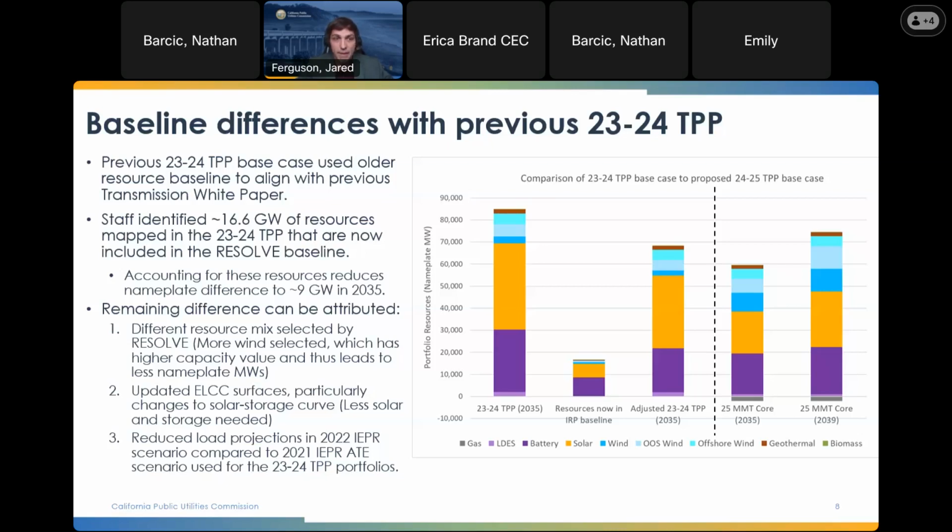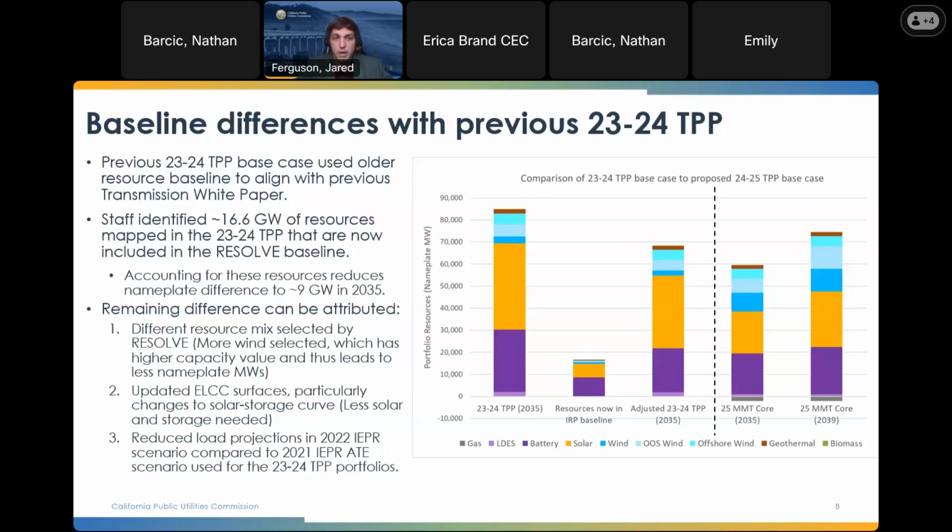But even after that work, there is still a size difference in the portfolio, and that, as noted at the bottom here, is staff's belief driven by 3 main things.